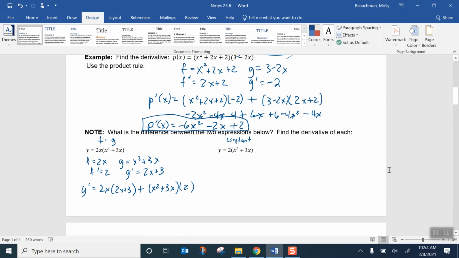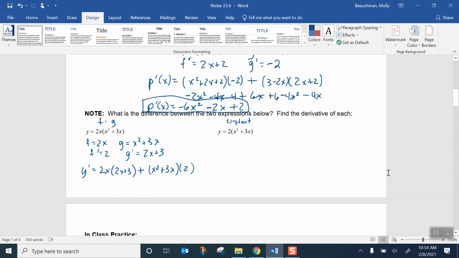Multiply out. 2x times 2x, we get 4x squared, plus 6x, plus 2x squared, plus 6x. Add like terms. Our derivative becomes 4 plus 2 is 6x squared. 6 plus 6 is 12x.